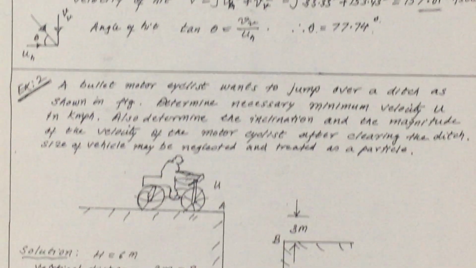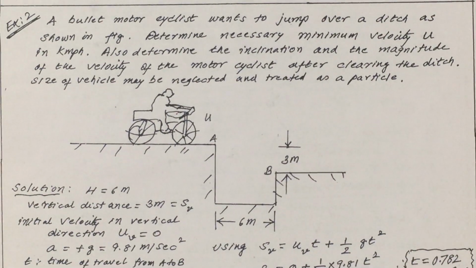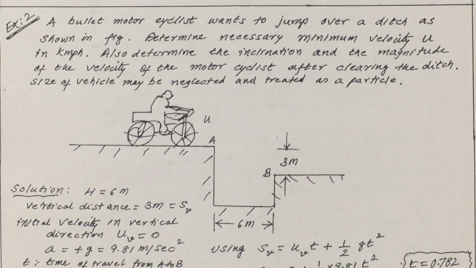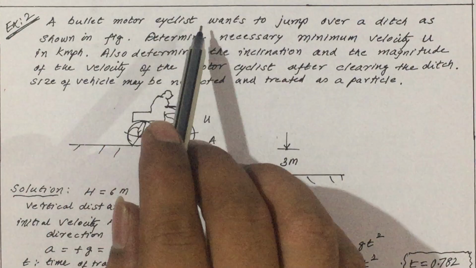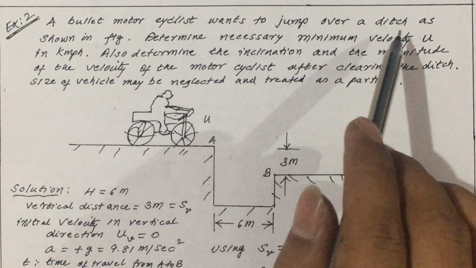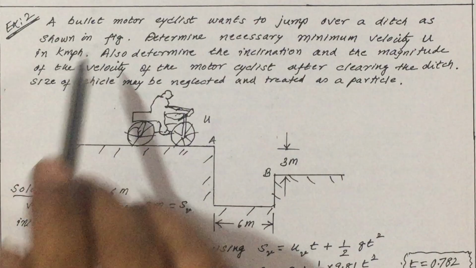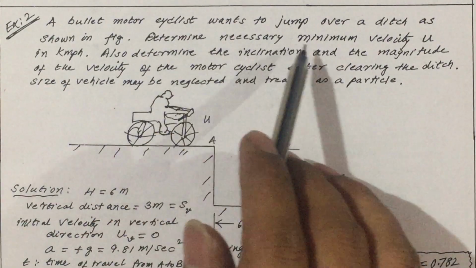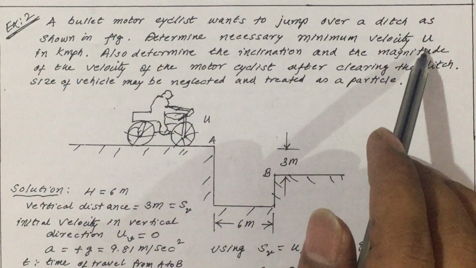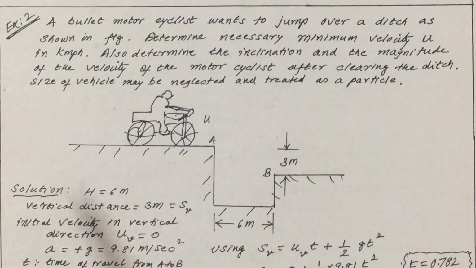Now, let us move on to the second numerical. Example 2. A bullet motor cyclist wants to jump over a ditch as shown in the figure. Determine the necessary minimum velocity u in kmph.